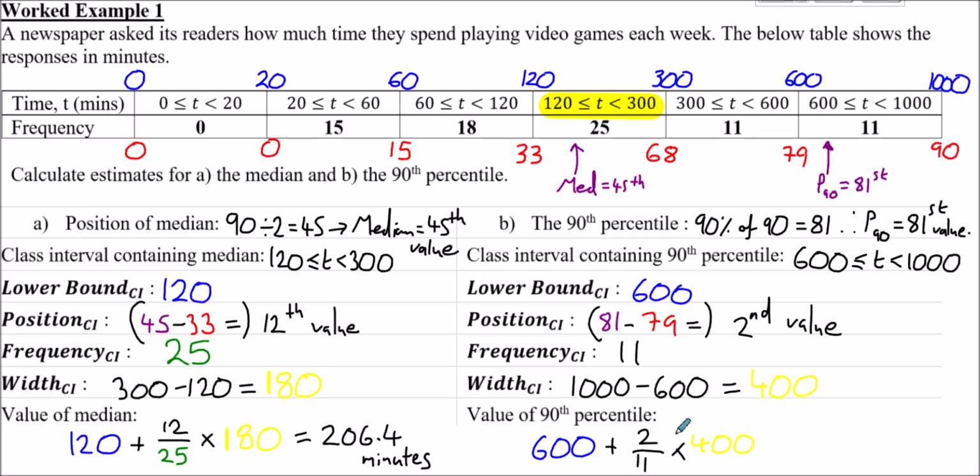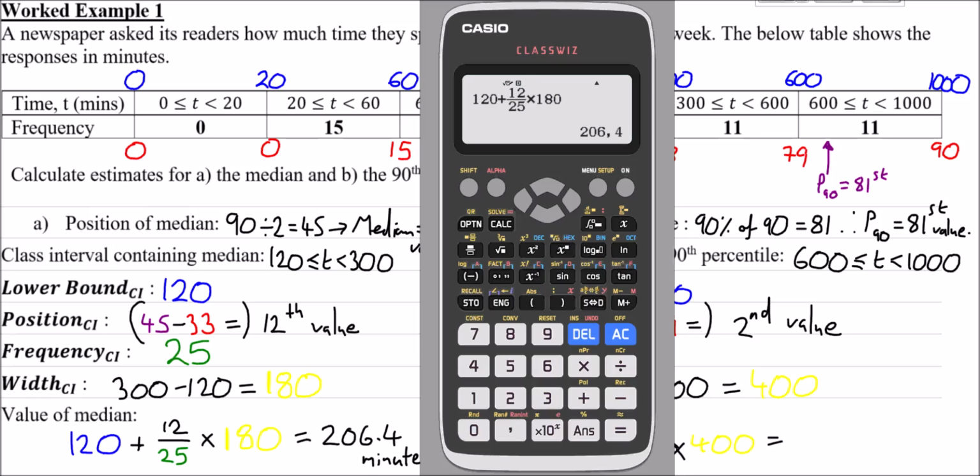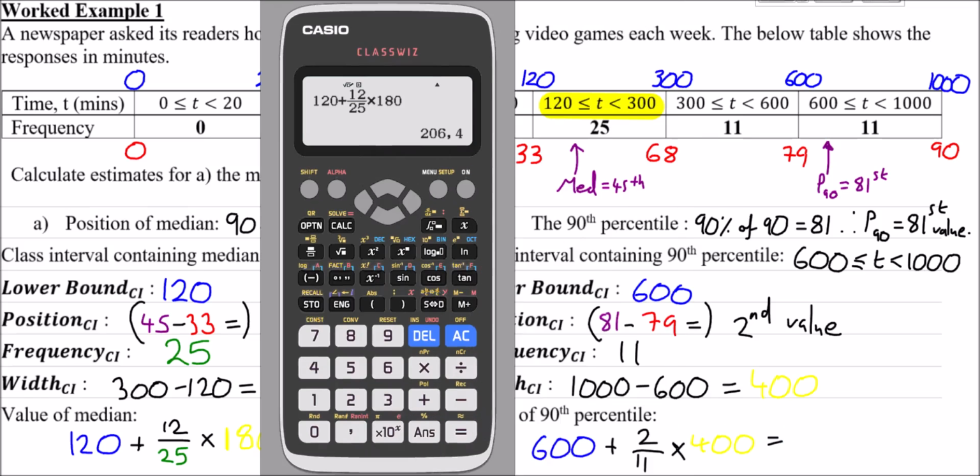So 2 elevenths of 400. We just type this into the trusty ClassWiz and see what pops out. So 600 plus 2 elevenths of 400.